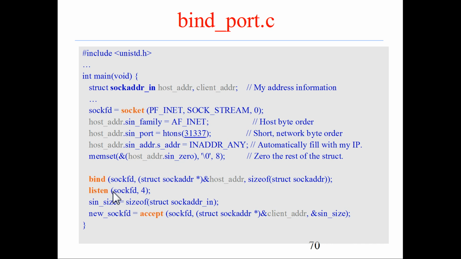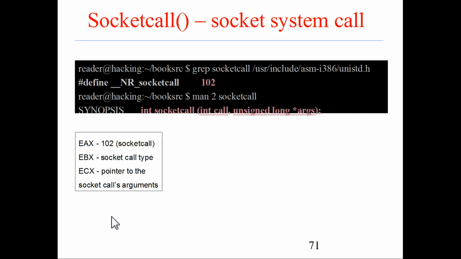Then finally, once the socket is bound, it can begin listening, and accept is a blocking call that waits for any connections coming in over the socket and will handle them by returning a new file descriptor that allows communicating with that new connection.